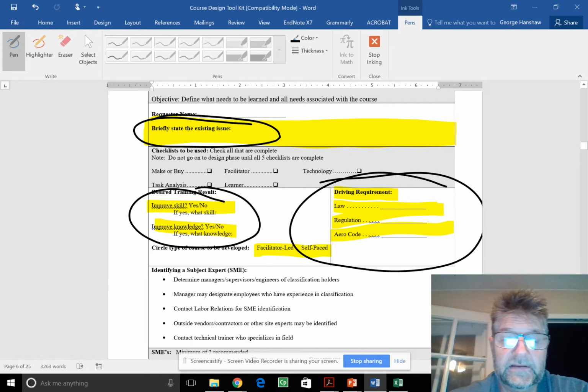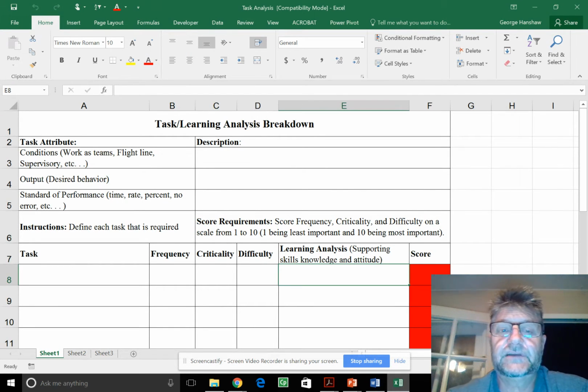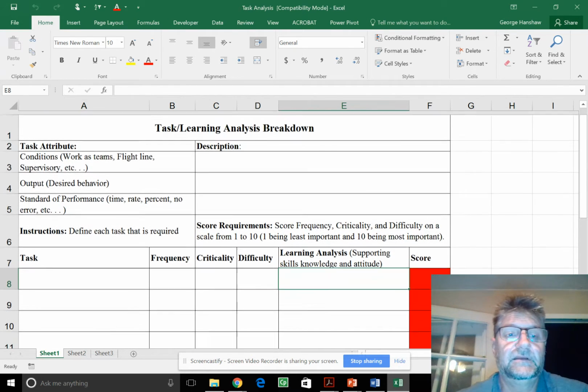With that being said, let's jump into here, and also a task analysis is important if you're in manufacturing or something that's building things. So this is a task analysis breakdown that I usually use.